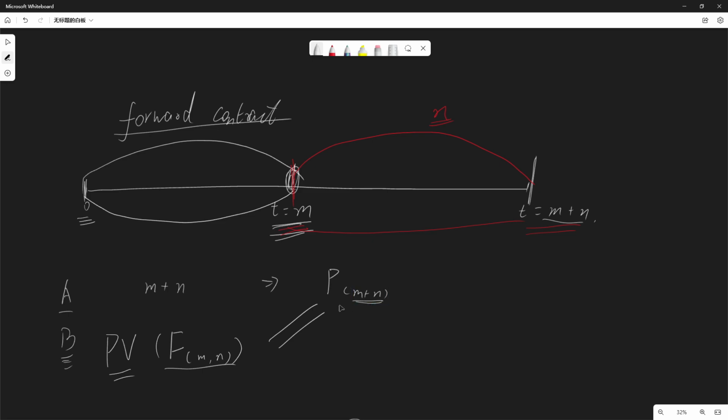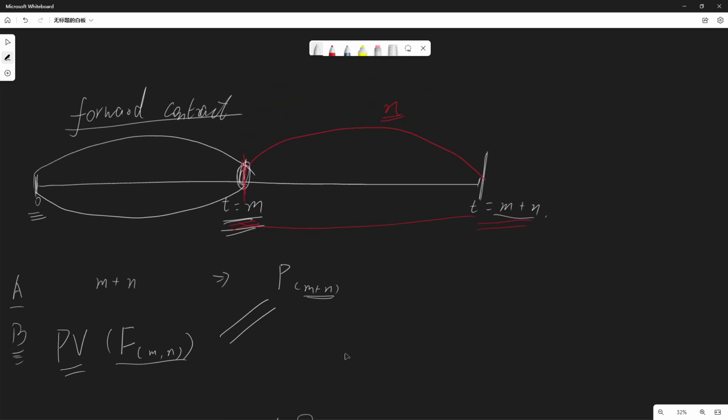If you look at the price right now that investor A paid, which is P m plus n, and the price that I discount back to now using the discount formula to calculate that forward contract, these two should be the same.